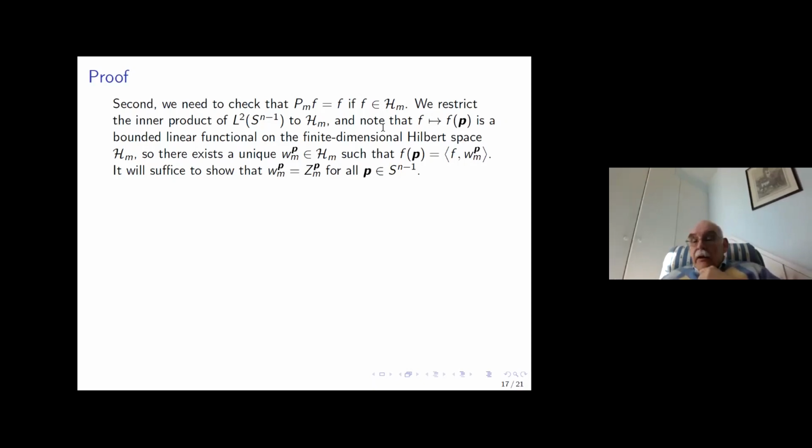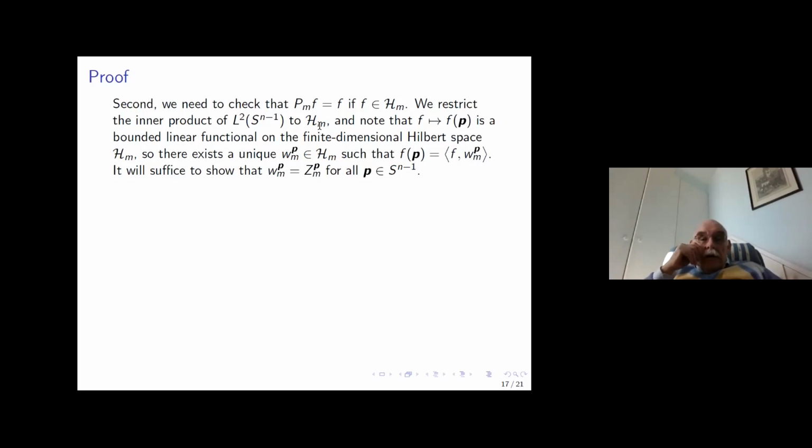And I note that if I just evaluate at a point, because I'm dealing with polynomials, I can certainly evaluate at a point, and it's going to be a bounded linear functional on the finite dimensional Hilbert space. The space H_m is finite dimensional. We even calculated its dimension. And so because it's finite dimensional, all linear functionals are continuous.